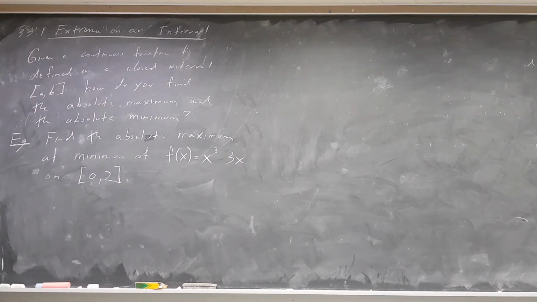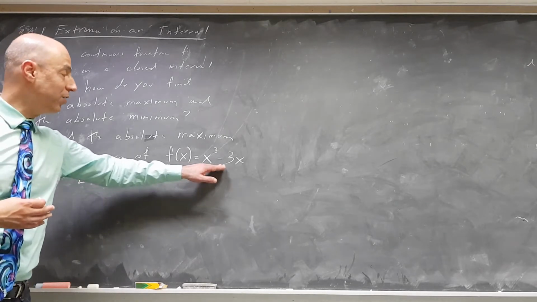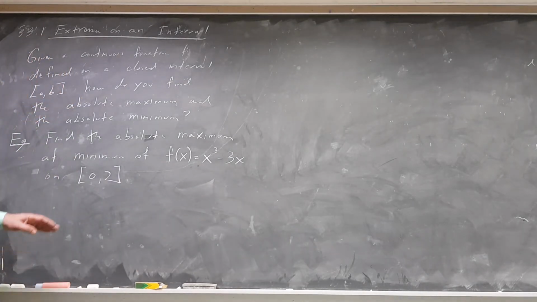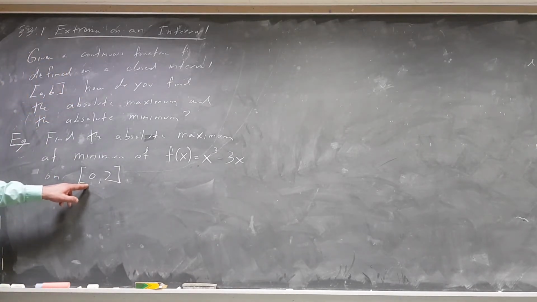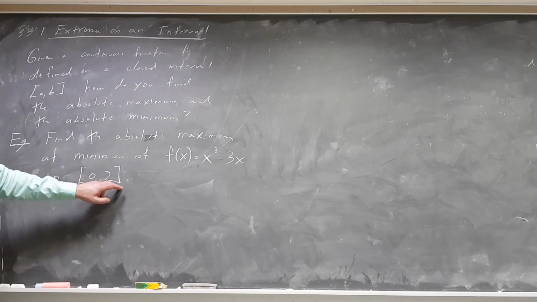Find the absolute maximum and the absolute minimum, the highest point and the lowest point of this function x cubed minus 3x on the closed interval 0 to 2.